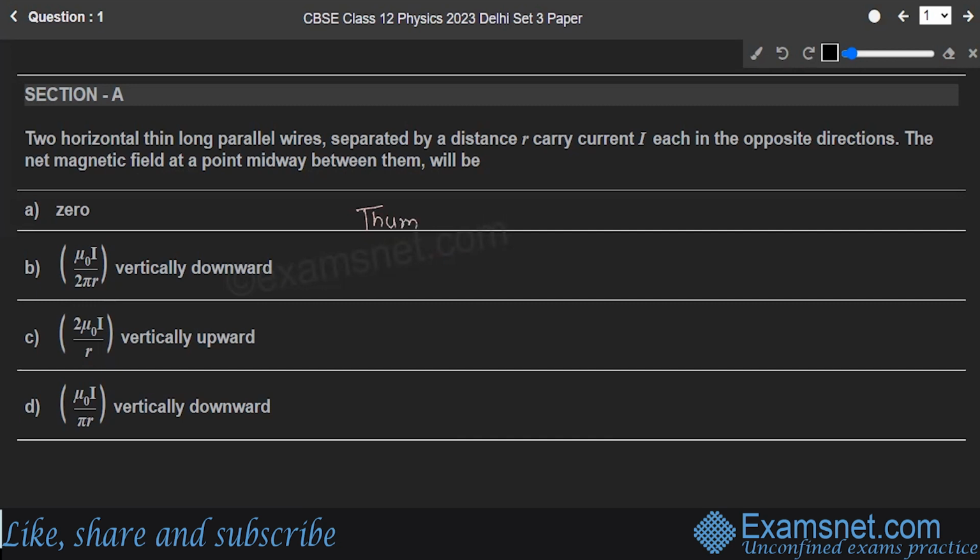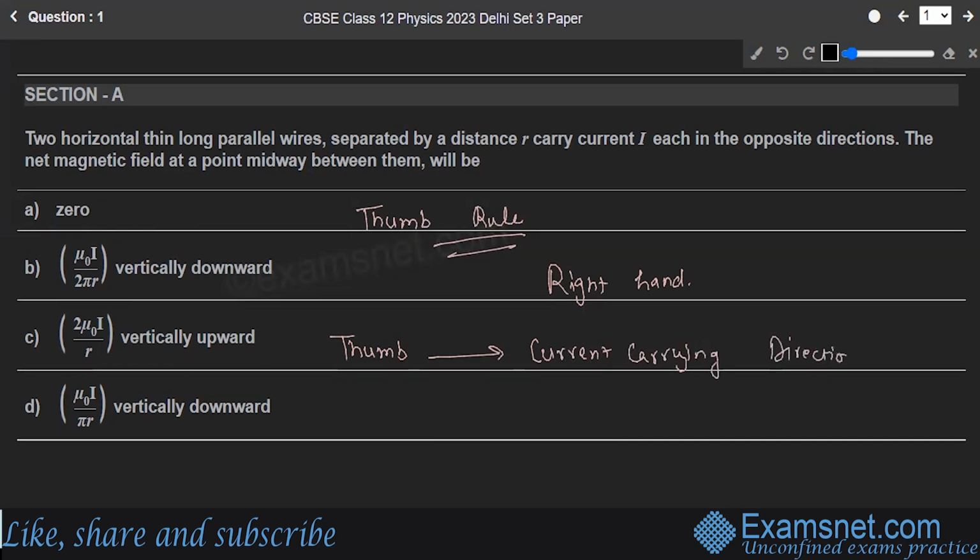According to this thumb rule, when you are using your right hand, the thumb points towards the current carrying direction, and your fingers curl in the direction of the magnetic field around the current carrying conductor.